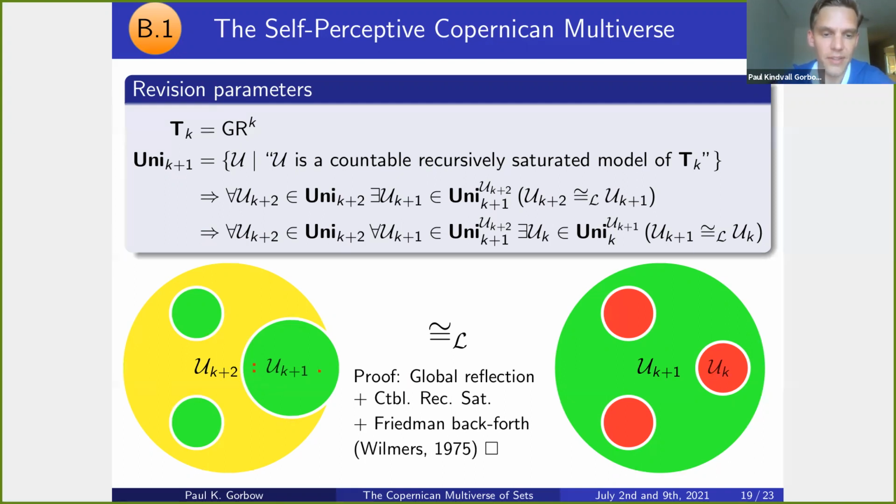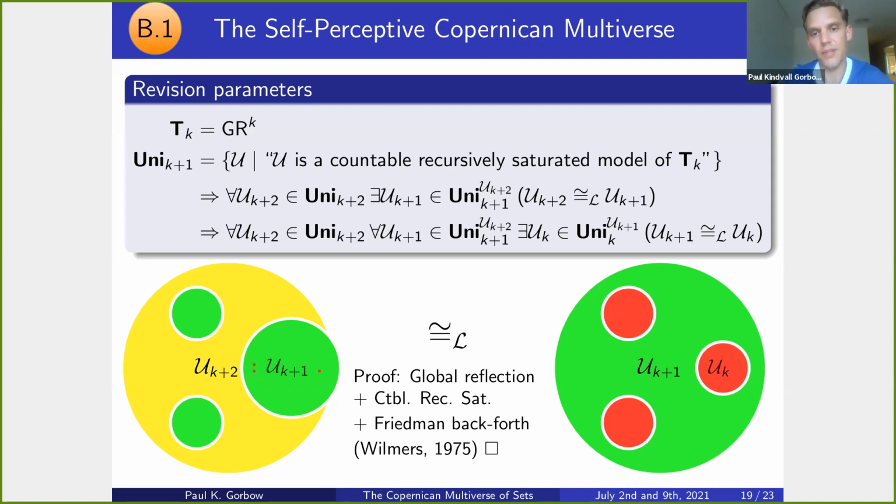And that one is going to be isomorphic to U_{k+2}. So this isomorphism here between U_{k+2} and U_{k+1}, to be strictly formal, you would need to externalize U_{k+1} from U_{k+2}.